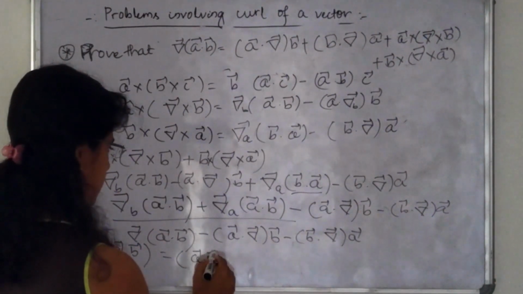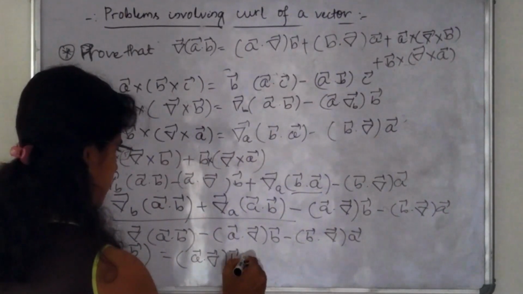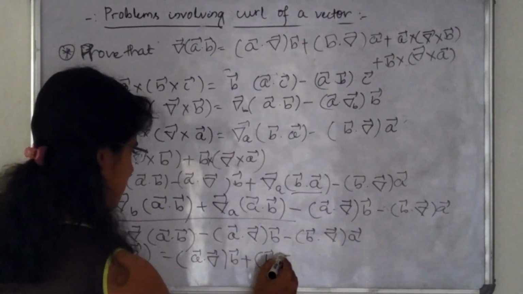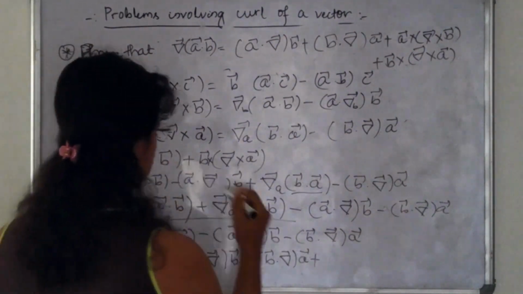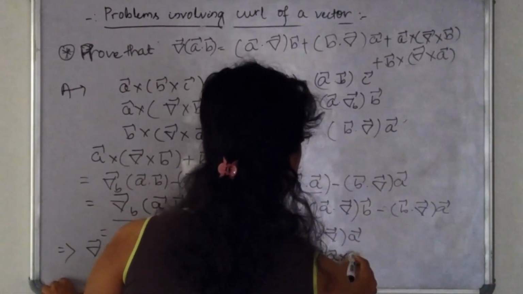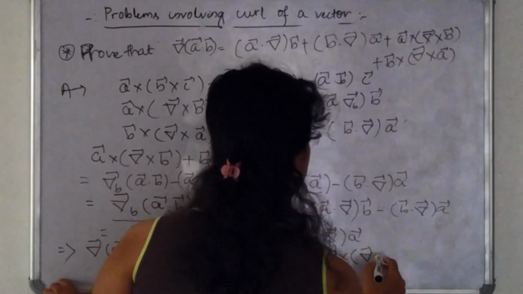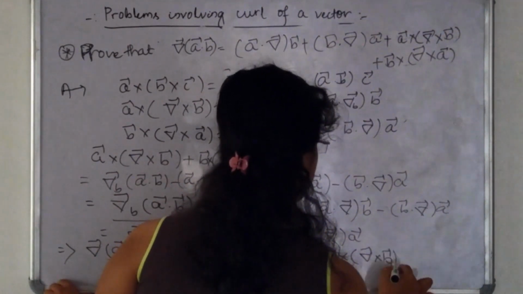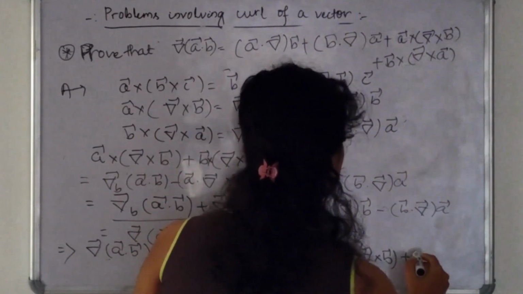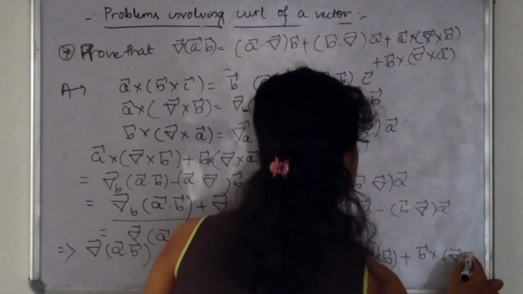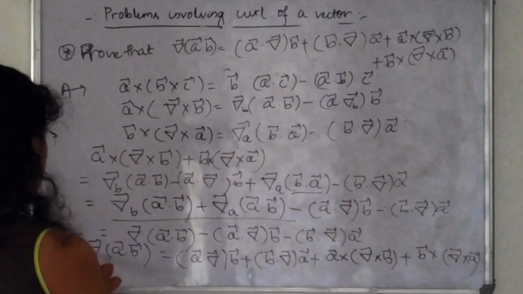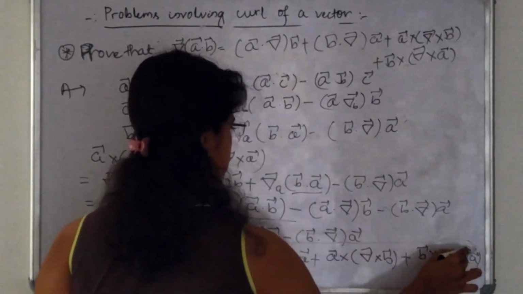We get plus B dot A plus these two cross product terms, that is the vector triple product terms. Okay, so here it is proved.